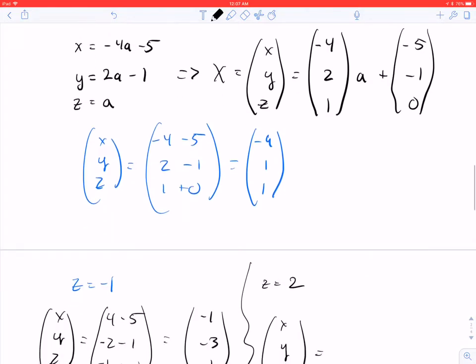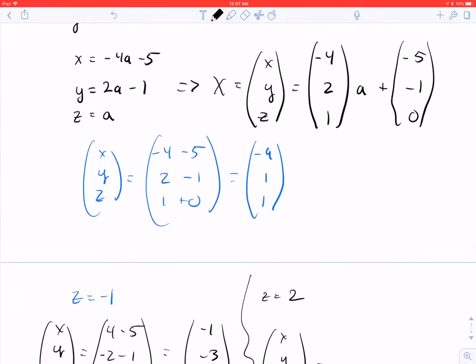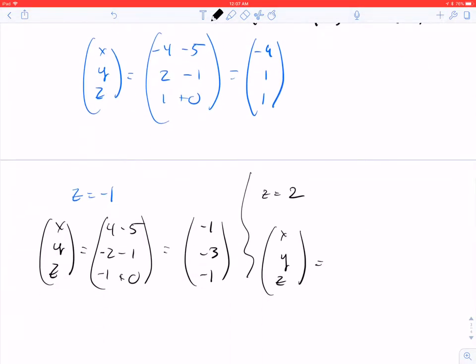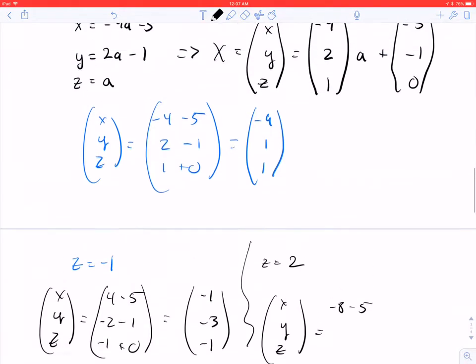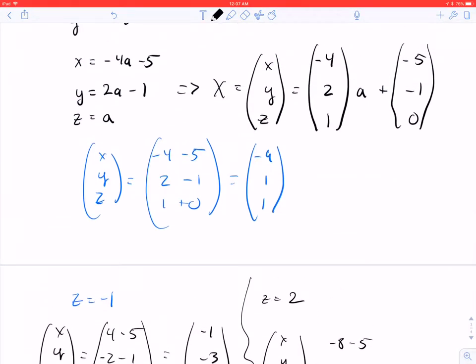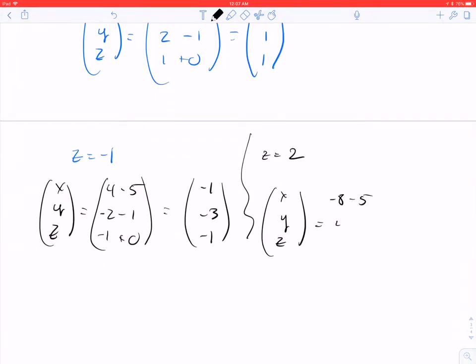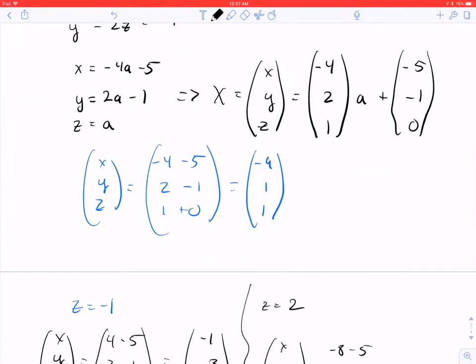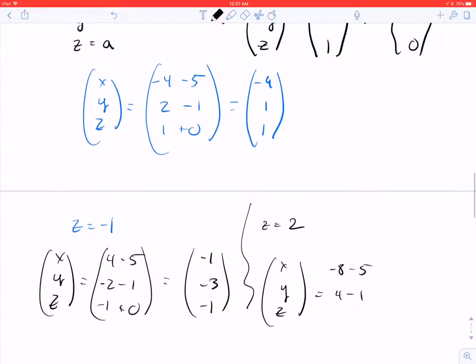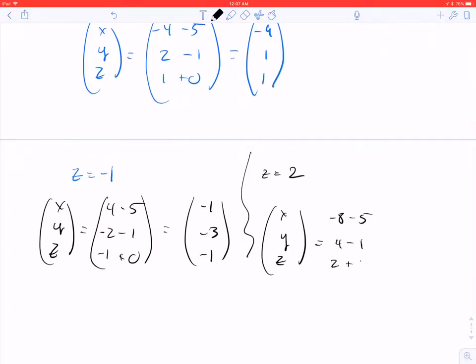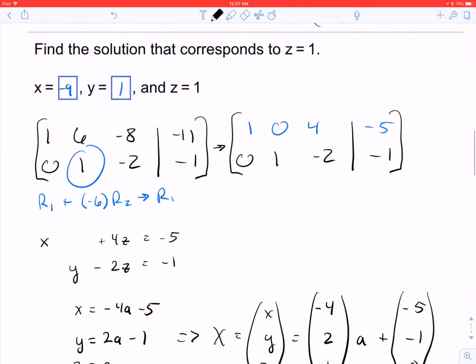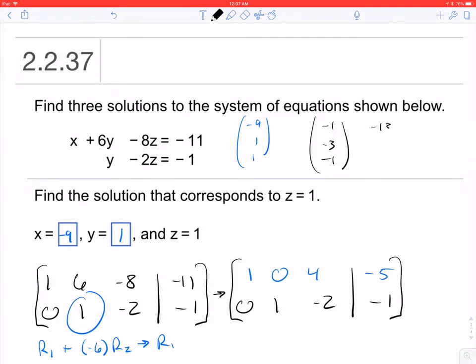So now if z is 2, that's going to be negative 8 minus 5, and then 2 times 2 is 4, 4 minus 1, and then 2 plus 0. So that's negative 13, 3, and 2. So let's try negative 13, 3, and 2 in the original.